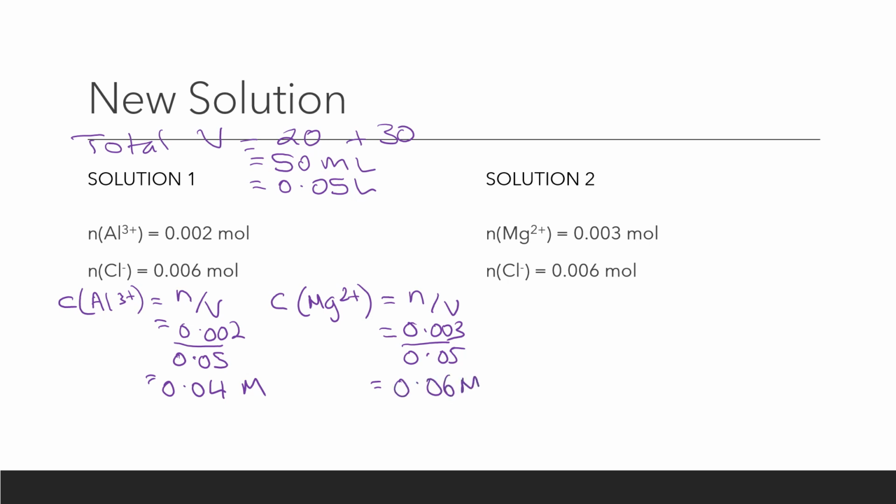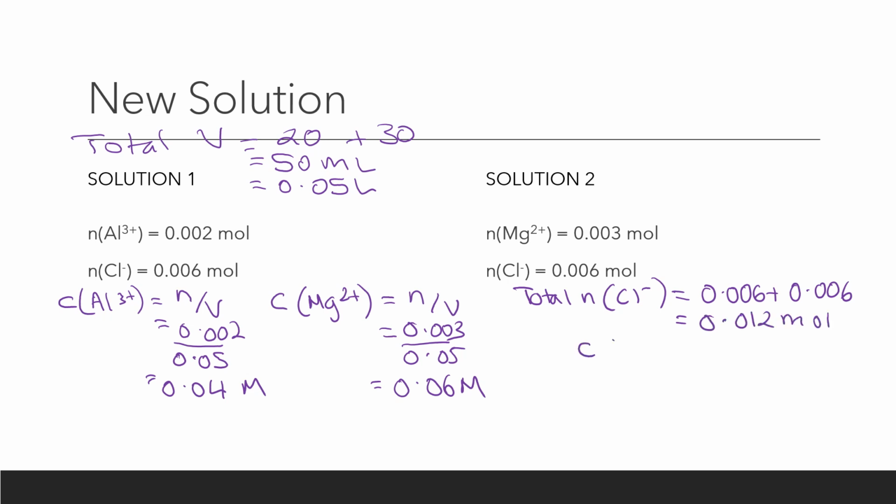Now, the chloride ions come from both solutions. So we can add moles because it's an actual number of particles independent of the volume. So the total number of moles of chloride ions would equal 0.006 add 0.006, which is 0.012 moles.